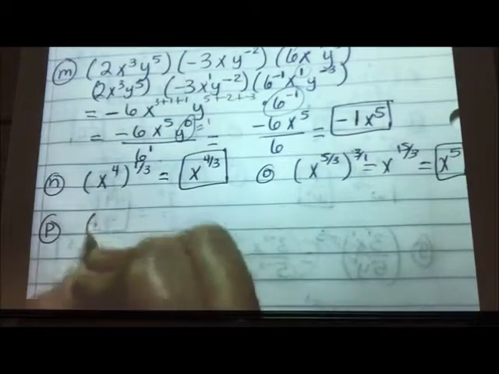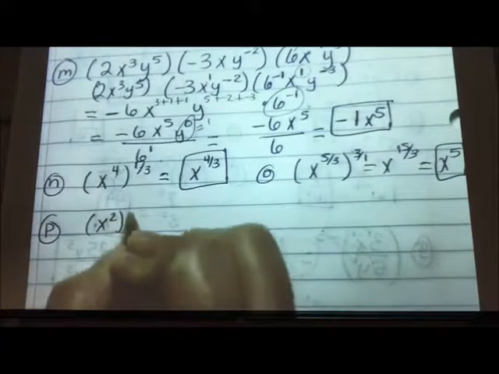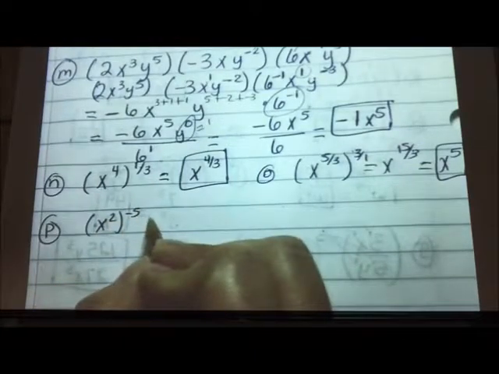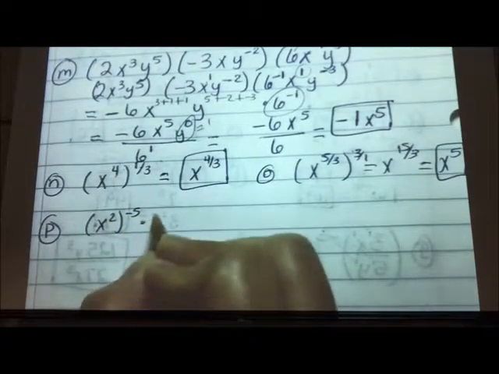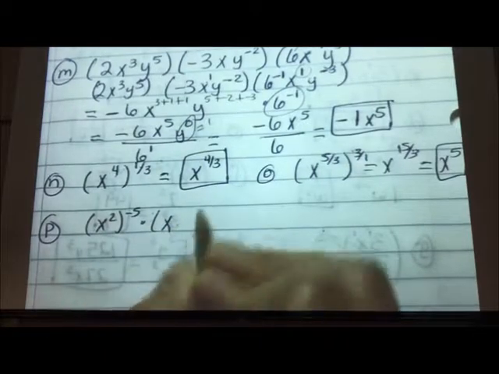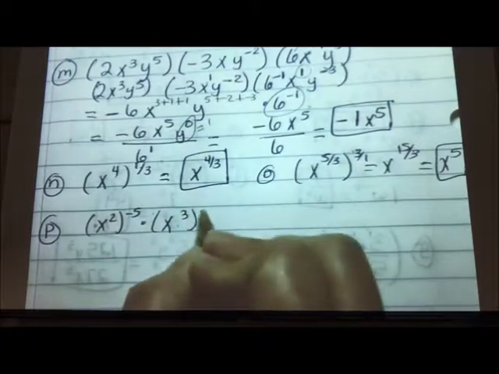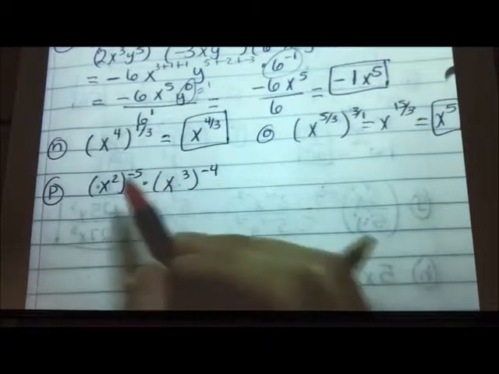Let's say we had x to the squared negative 5 times x to the 3rd negative 4. So let's say we had a problem like that. So yes, there's negative, but because there's next to something, we take care of that first. So we multiply them.